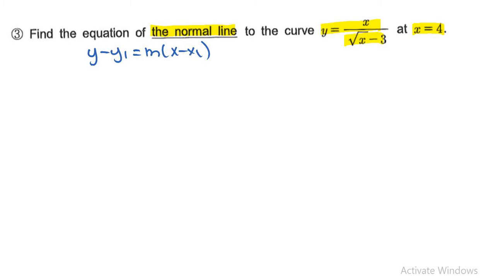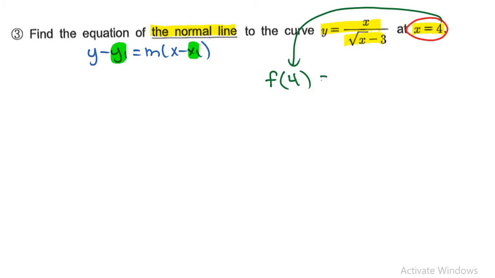Now we're given an x value of 4, but I don't have the y value. So with these tangent line problems, you should try to substitute your x and y values right away. So if you want to find your y value, you should go ahead and evaluate f of 4. So this 4 value goes right there. Alright, so if I plug in 4 for all my x values, I will now have 4 divided by root 4 minus 3.